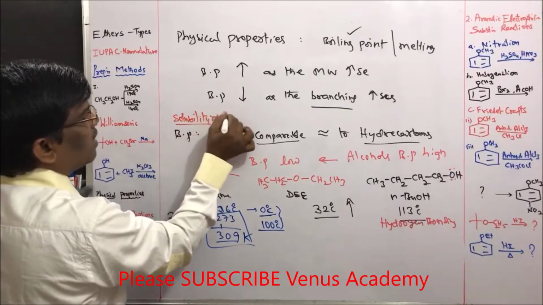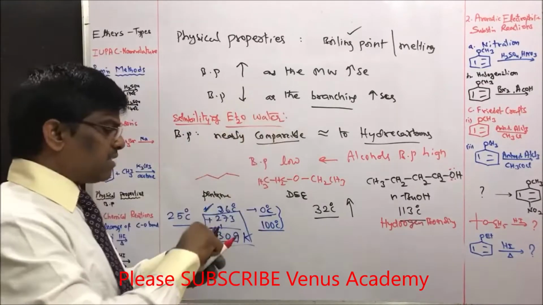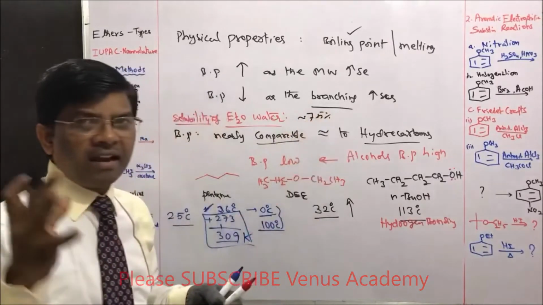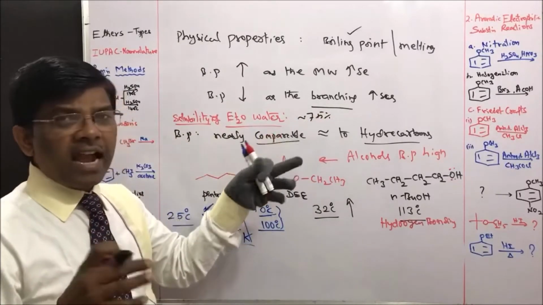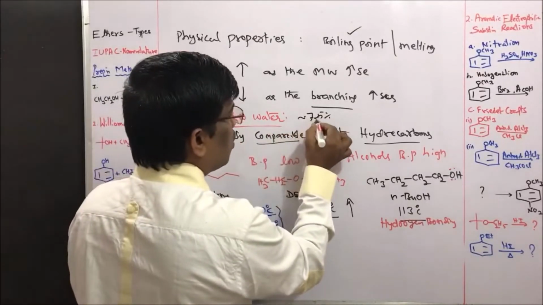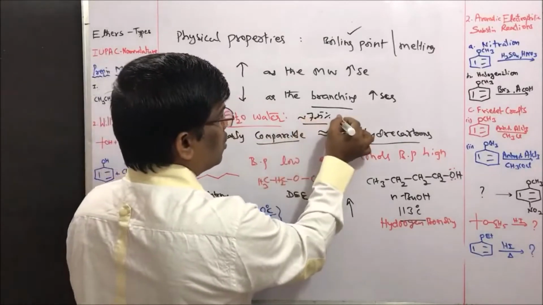Solubility of ether, let me stick to diethyl ether in water. It is soluble about 7.5%. It means if I take 100 grams of ether and dissolve it in 100 ml of water, it is going to dissolve only 7.5 grams and the remaining is insoluble, right?